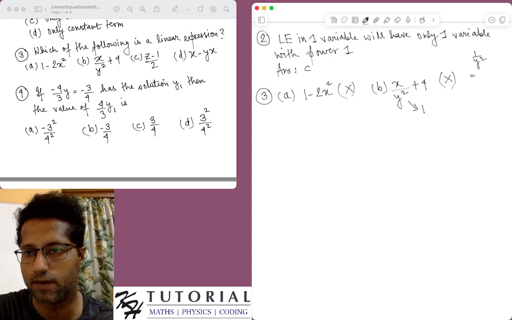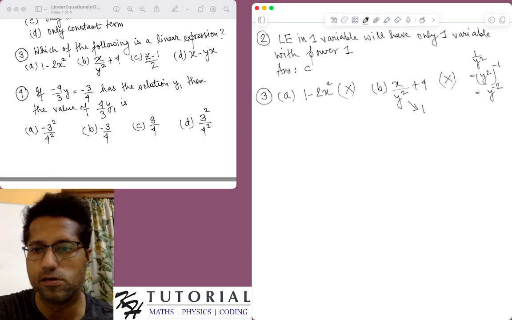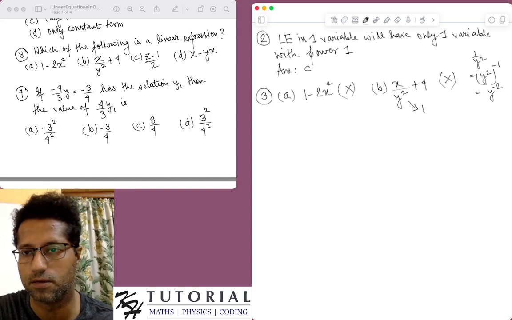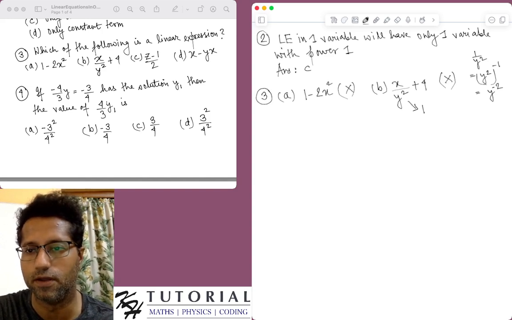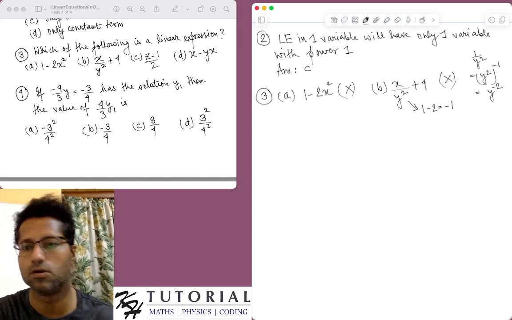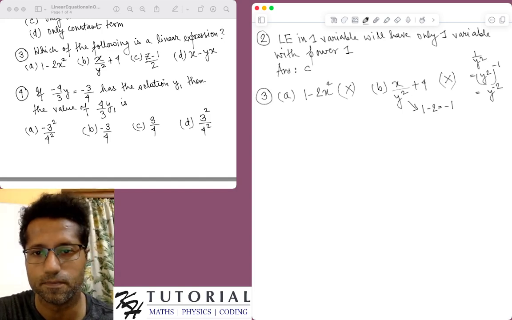We can write this as y square to the power minus 1, which is y to the power minus 2. So for the term x by y square, the sum of the powers of the variables is 1 minus 2 equals minus 1, which is not 1. So this is not a linear expression.